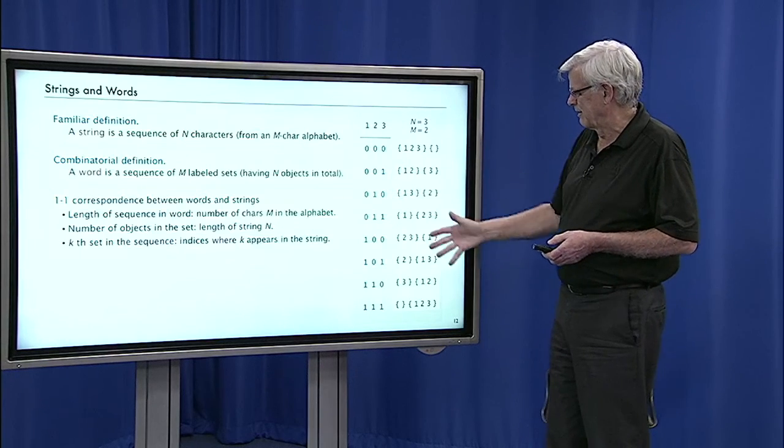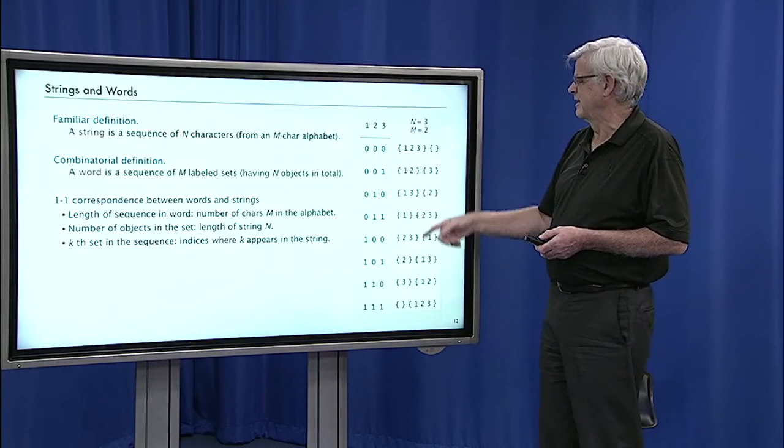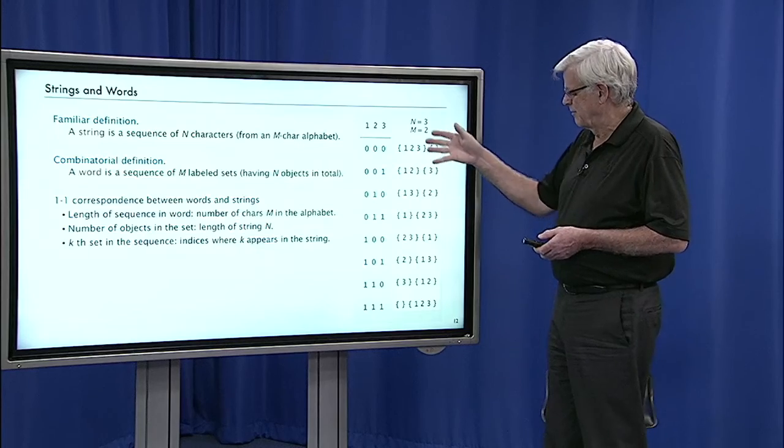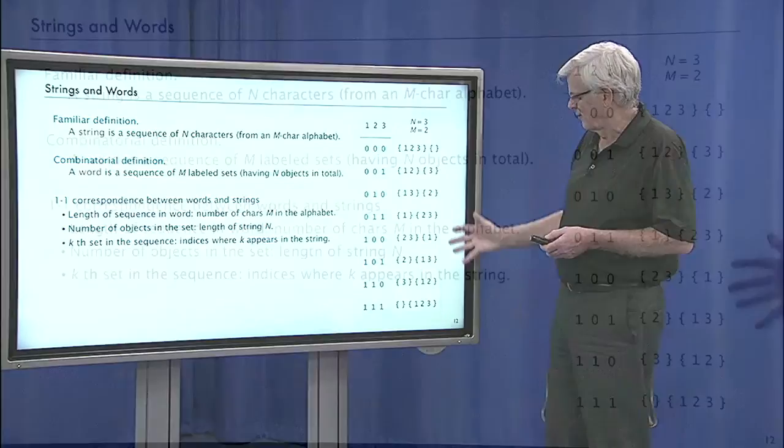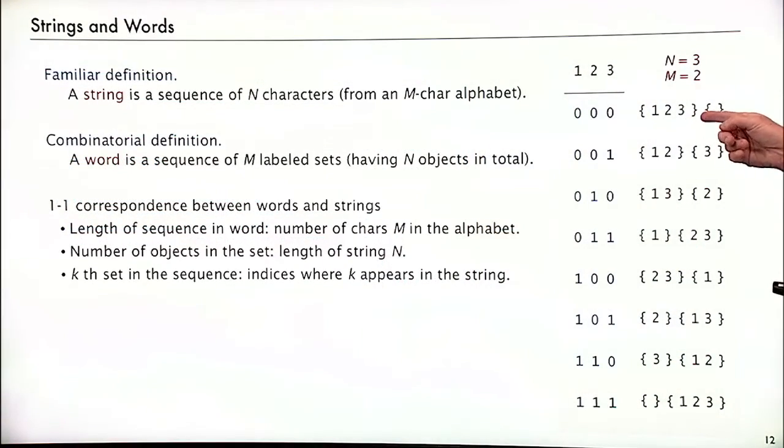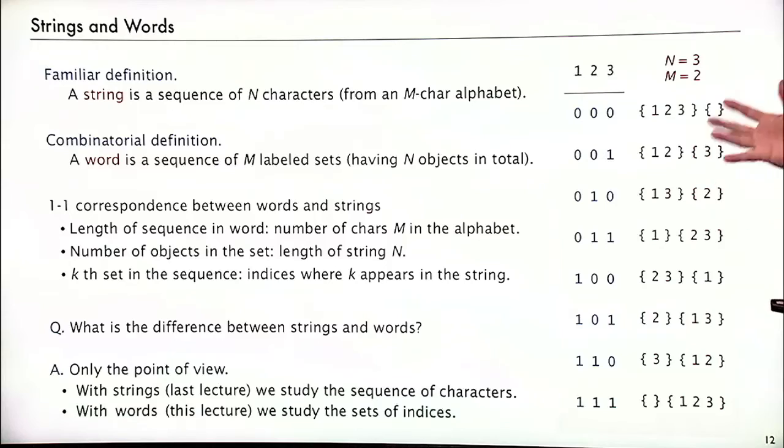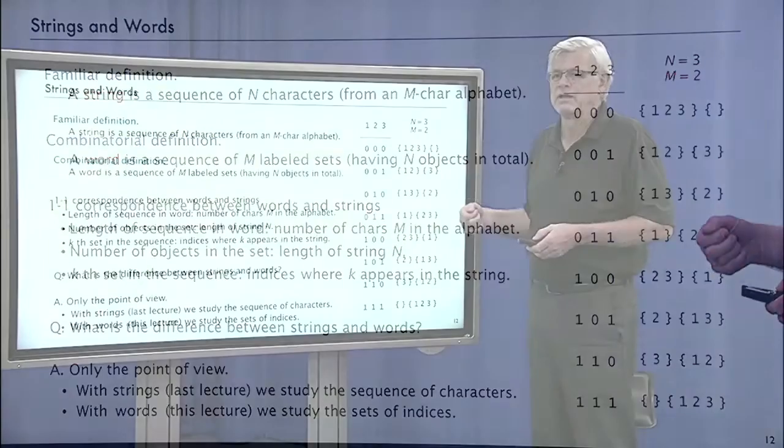This is just another way to look at it for binary strings. Looking at the 8 binary strings as words, the first one says that all 3 characters are zeros and there's no ones. And the last one says there's no zeros and all 3 characters are 1, and so forth. What's the difference? There's no difference. It's only the point of view.